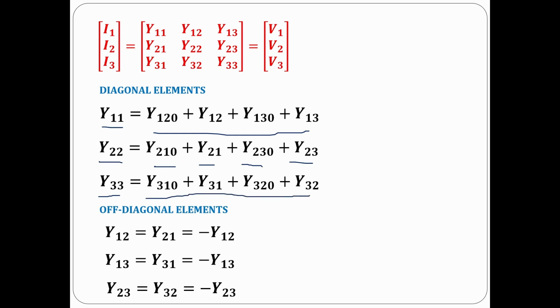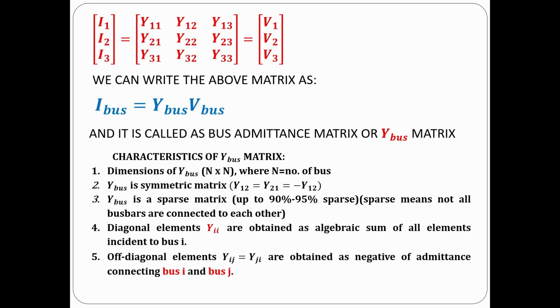The off-diagonal elements are the series admittances of the lines between buses, and these admittances are symmetric. We can write the above matrix in simplest form as I bus is equal to Y bus times V bus, and Y bus is called the bus admittance matrix or Y bus matrix.